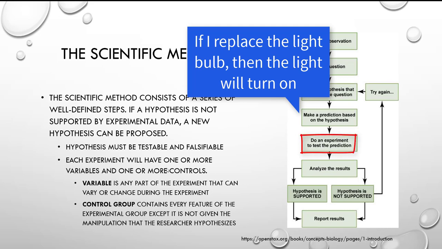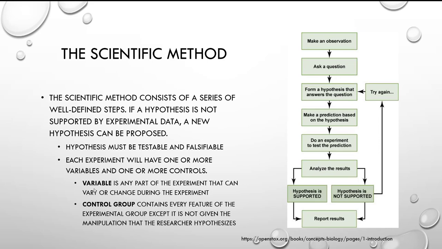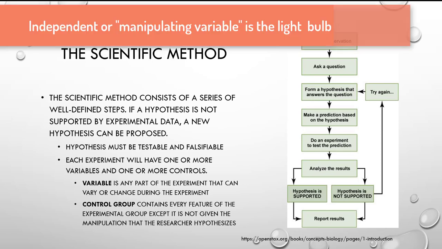When you conduct an experiment, usually you have what are called variables. A variable is any part of the experiment that can vary or change during the experiment. This is a pretty simple experiment. My independent variable in this case would be the light bulb.